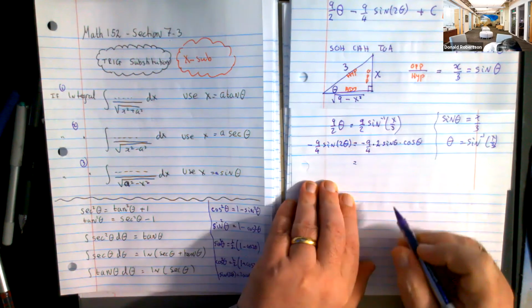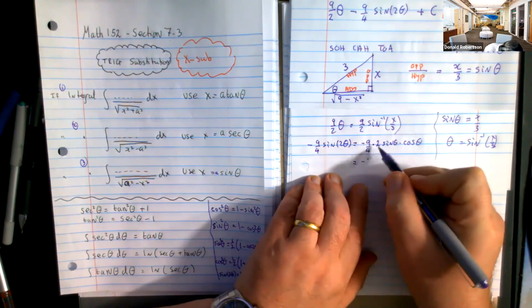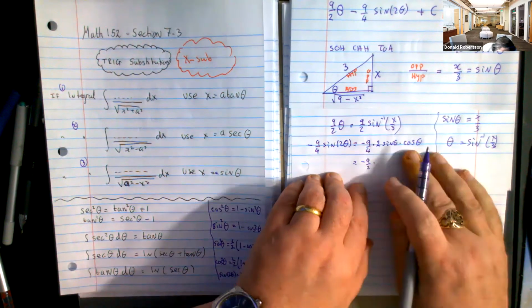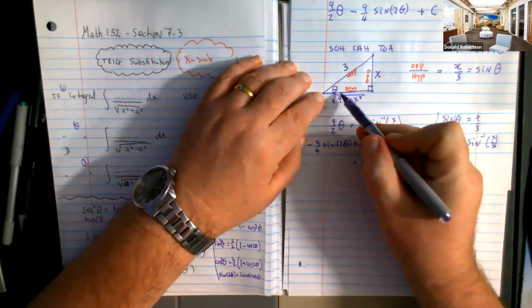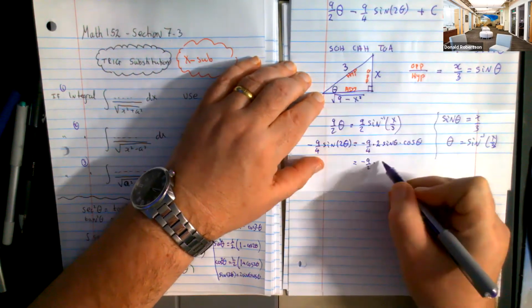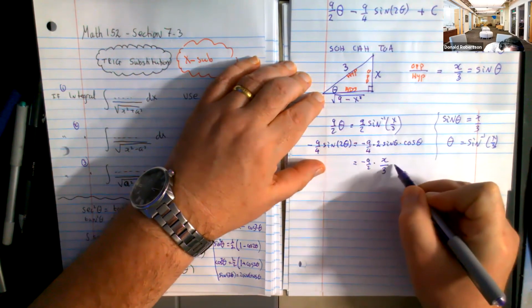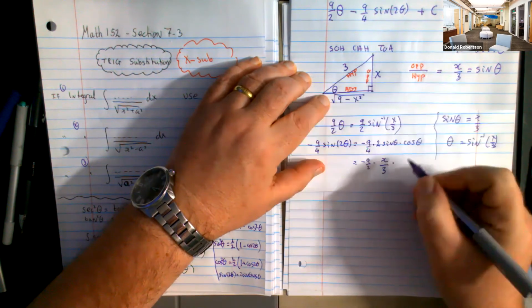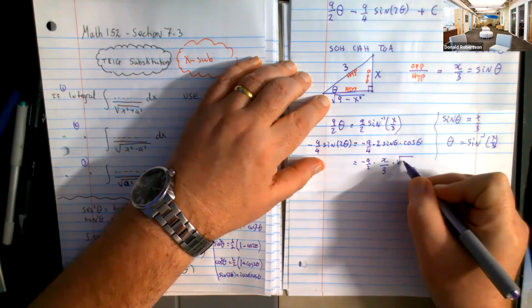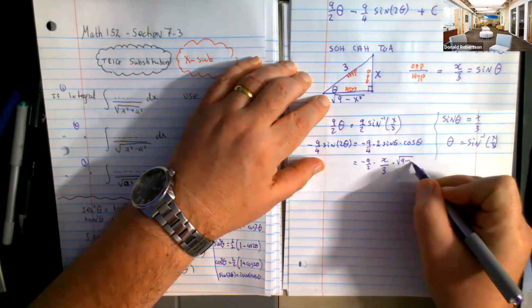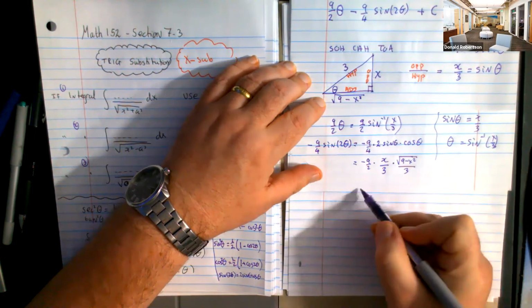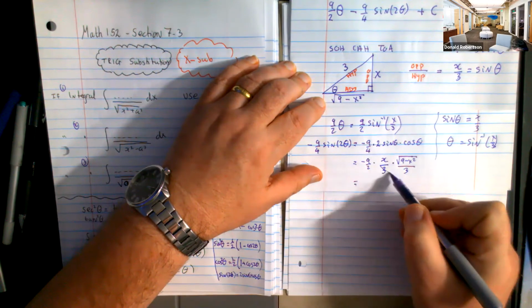Well, the 4 and 2 cancel, you get -9/2. Sine theta, opposite over hypotenuse. Cosine theta, adjacent over hypotenuse. Three cancels with the 9.